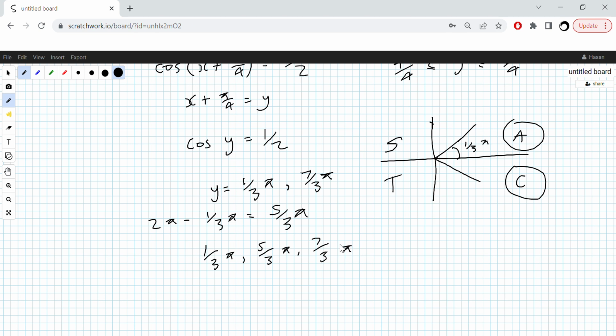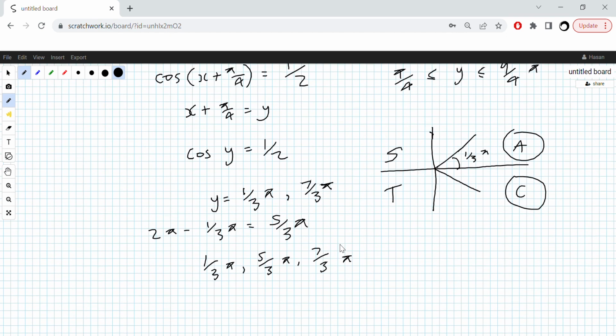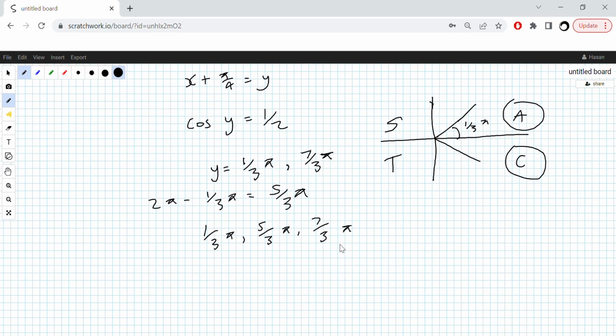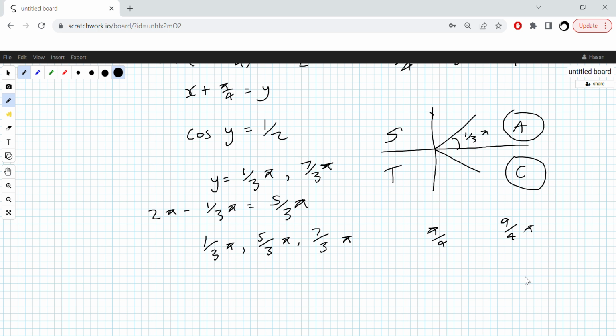To test whether they stay in the limits, we're going to translate them into a common denominator. The limits were π/4 and 9/4 π. Let's translate them into over 12. This is 4/12 π. This is 20/12 π. And this is 28/12 π. This is 3/12 π.